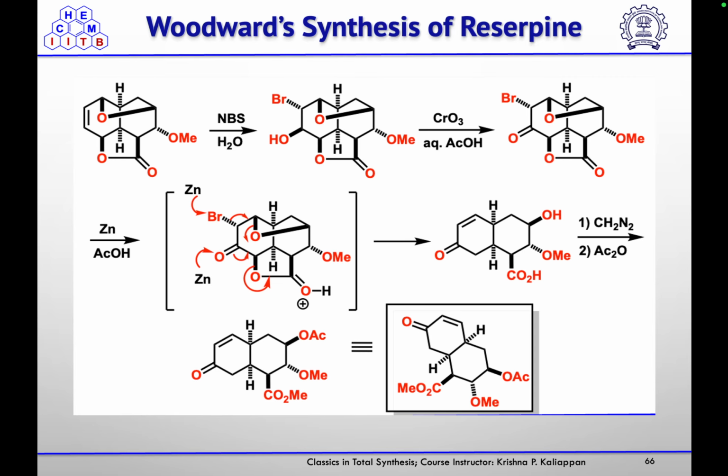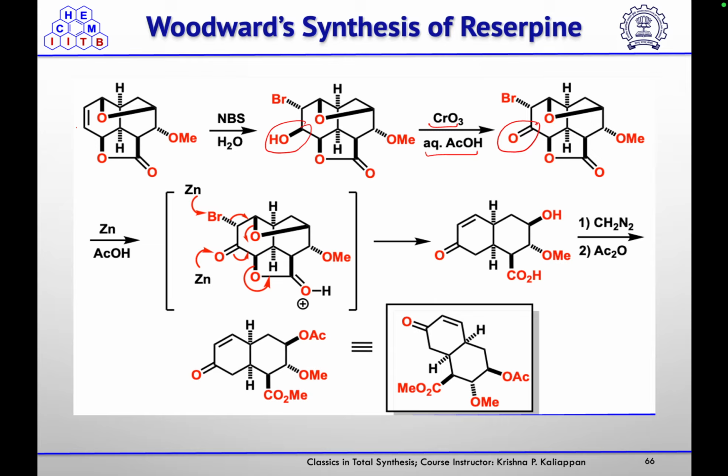Then after getting that, they treated it with NBS. So this also from the alpha side, your bromonium ion will form, and then water will attack to give this bromohydrin, which on treatment with chromium trioxide and aqueous acetic acid, they oxidized that alcohol to get the corresponding ketone. Then using zinc and acetic acid, they treated this with zinc.